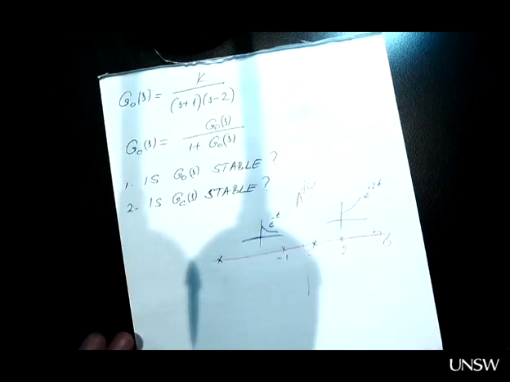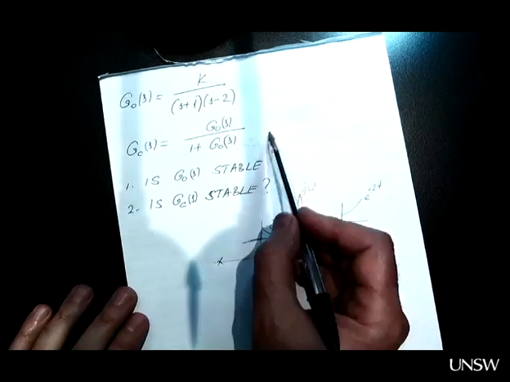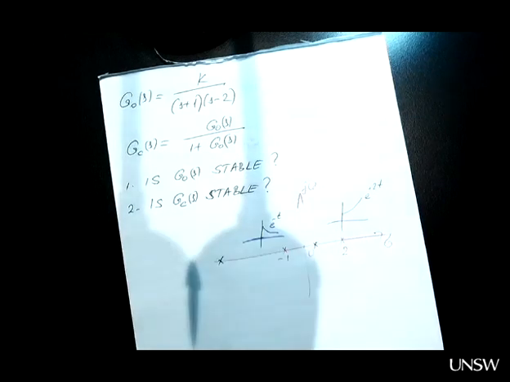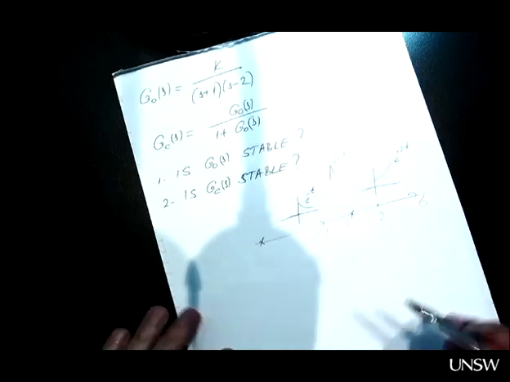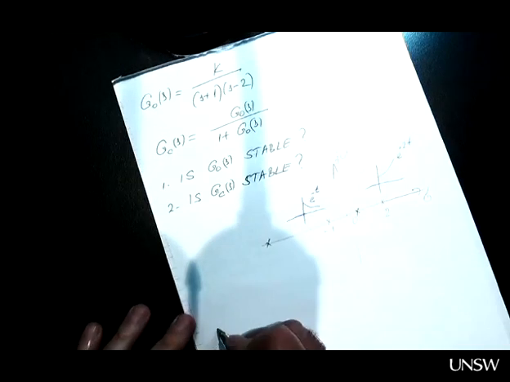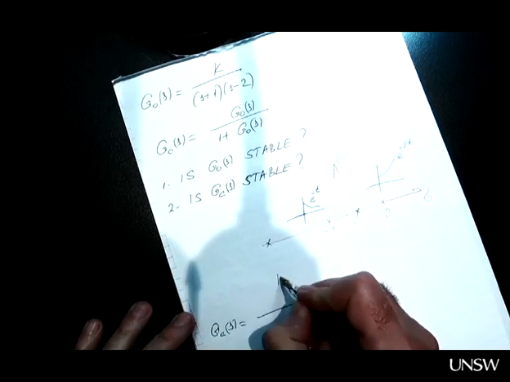But how about the closed loop system? So now when you apply a negative feedback loop, is your system going to be stable or not? Sorry, depends on K. Depends on K. Let's see. GC equals now to K over, let's expand this.